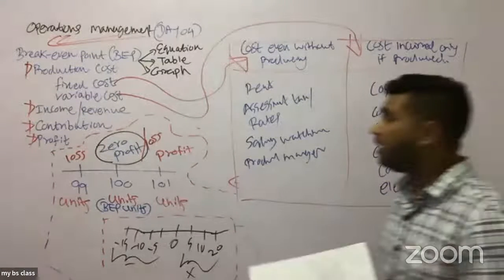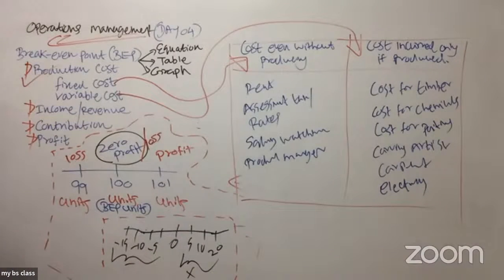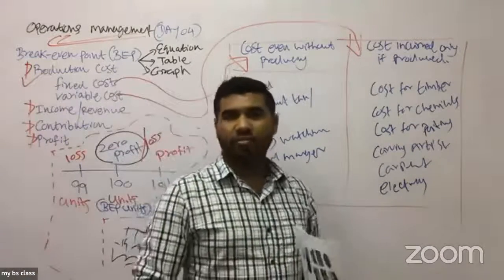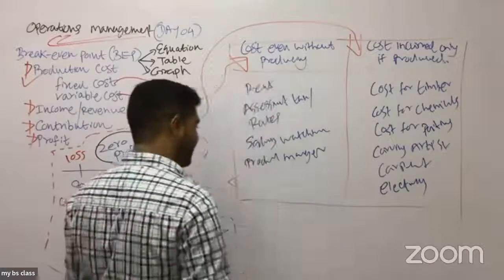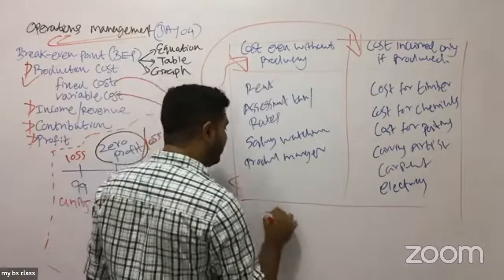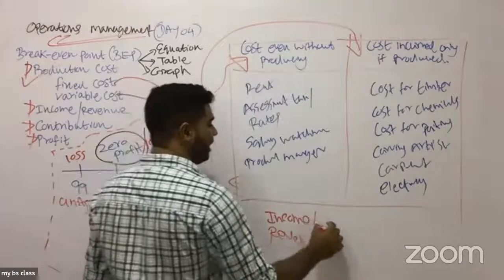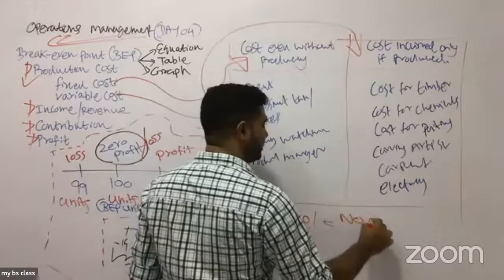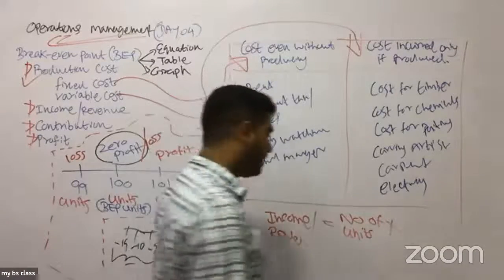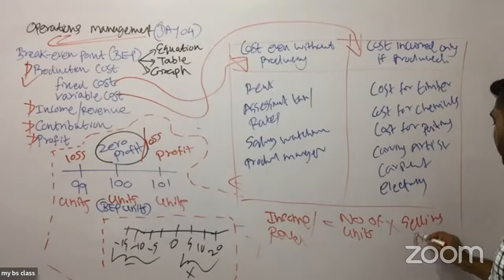Right, now you are aware of what the production cost is. Our second element: how do you calculate the income or the revenue of an organization? It is simple. When you are a manufacturing organization, your income or revenue is your number of units into the selling price.